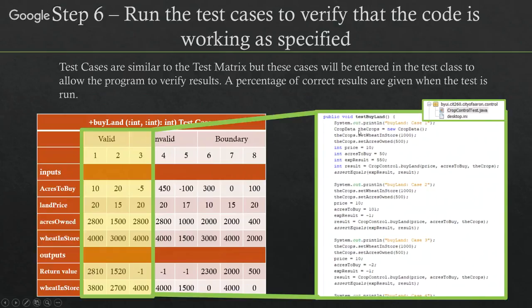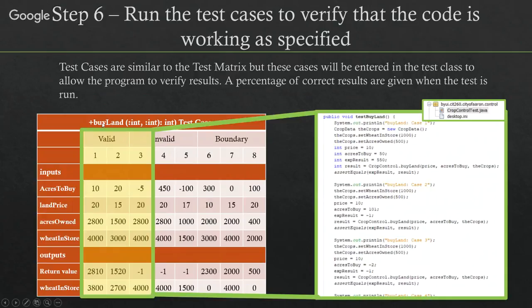We create a new instance of crop data and assign it to the crops variable. So then we say the crops, which is referring to crop data, set wheat in store to 1,000. And then set the crops, set acres owned to 500.